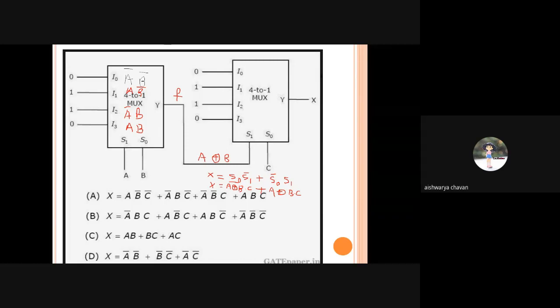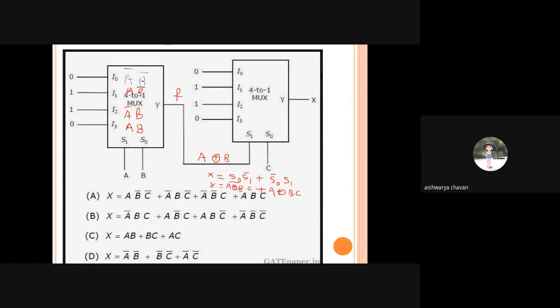Now when we want to implement any function, how do we write that function? The function f is equal to A bar B bar into I0 plus A bar B into I1 plus A B bar into I2 plus AB into I3.